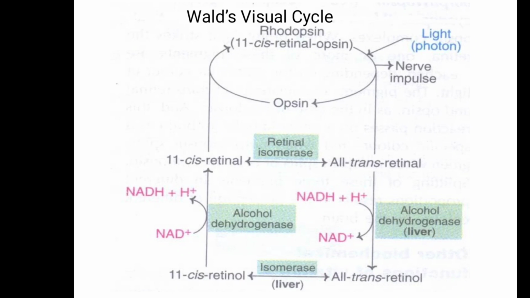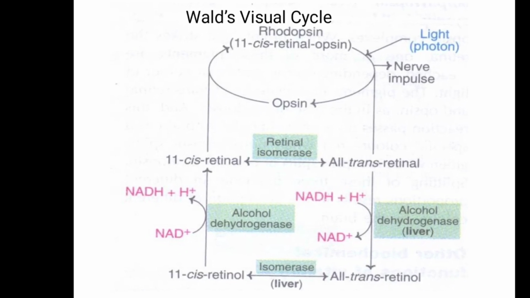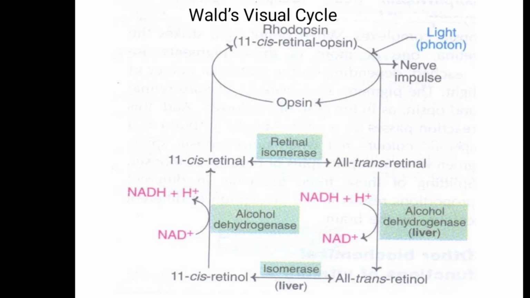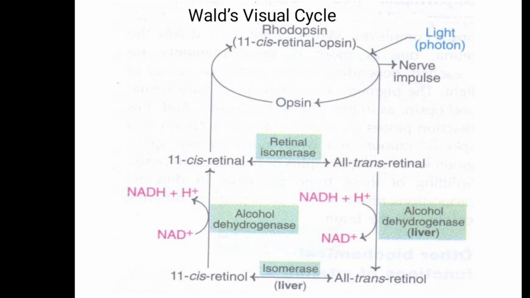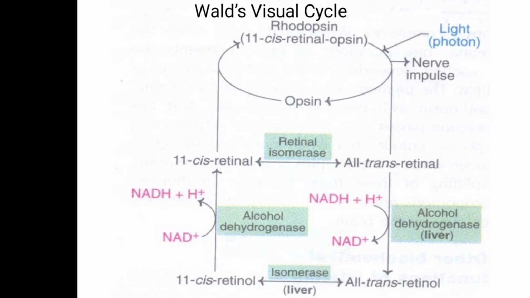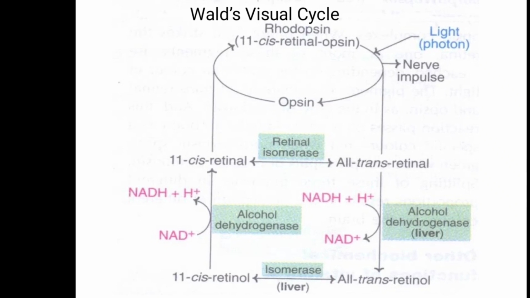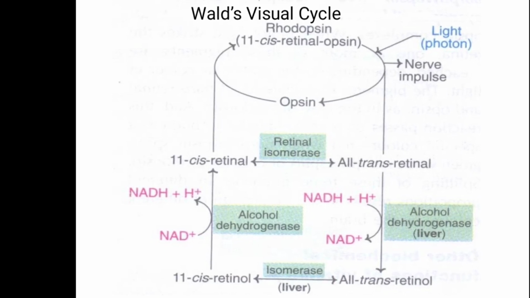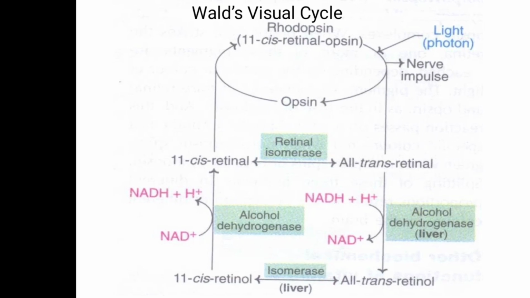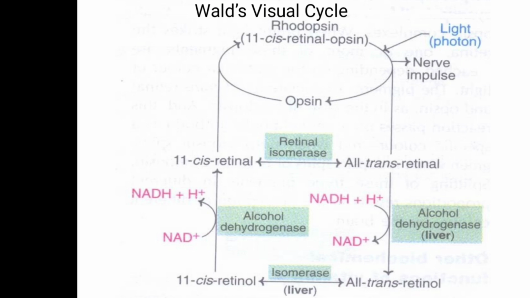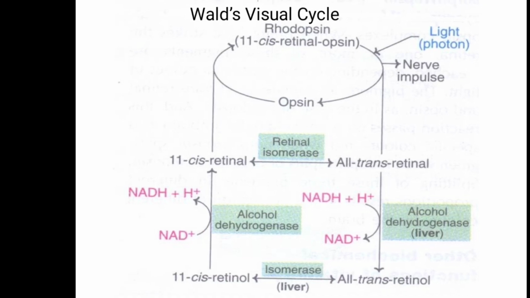When light falls, rhodopsin, which is 11-cis retinal plus opsin, is converted to all-trans retinal plus opsin.